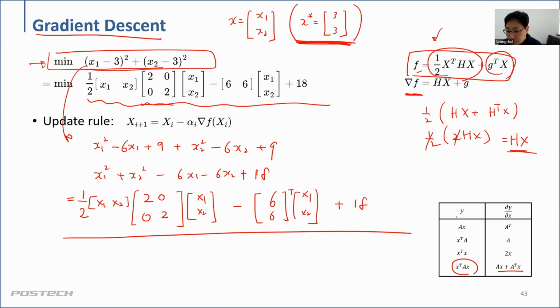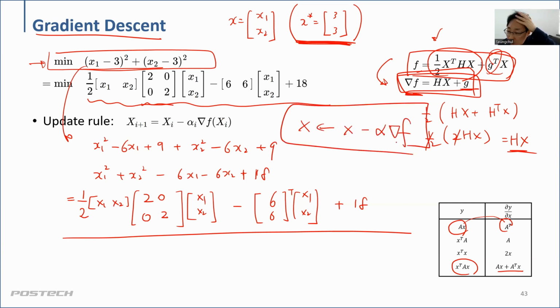And this one, A transpose, G transpose is the same as C. So this is the gradient that I can compute. And gradient descent is X, starting from X, minus alpha times gradient F. That's the definition of gradient descent. How do you update X?